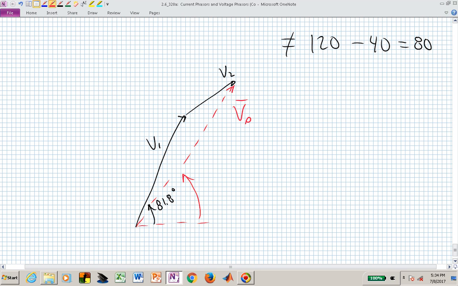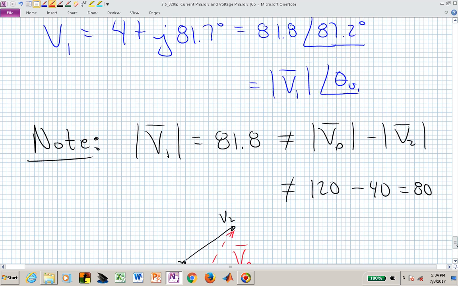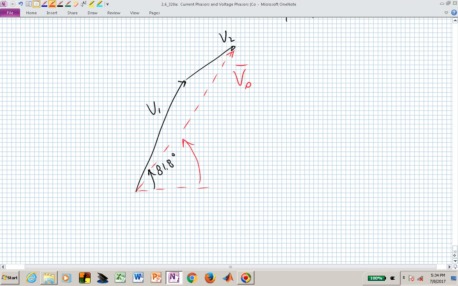angle was not quite 81 point, or no, wait a minute, what did I have? This was 87. I'm getting my angles and magnitudes confused. This actually had an angle of 87 degrees. This length was 81.8.